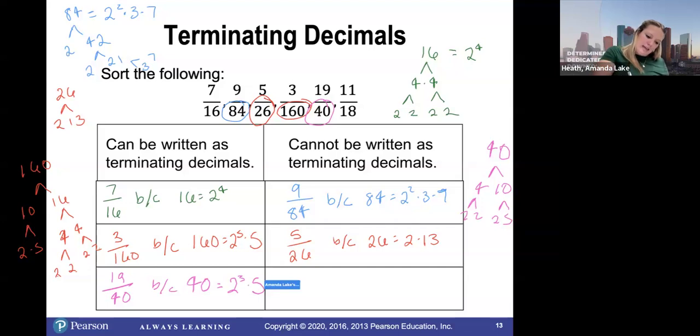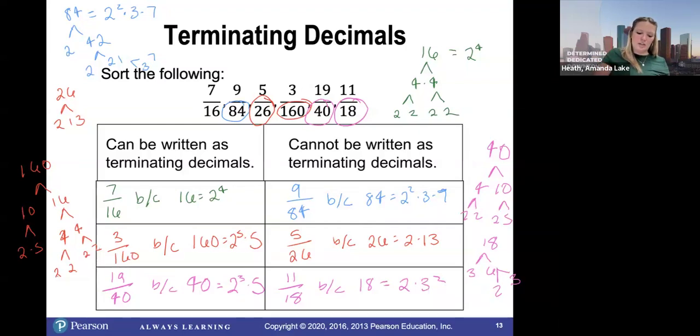And then lastly, 18. 18 is 3 times 6. 6 is 2 times 3. There we go. So this is no, because we have a factor of 3. So this is 11 out of 18. It is not because 18 is 2 times 3 squared.